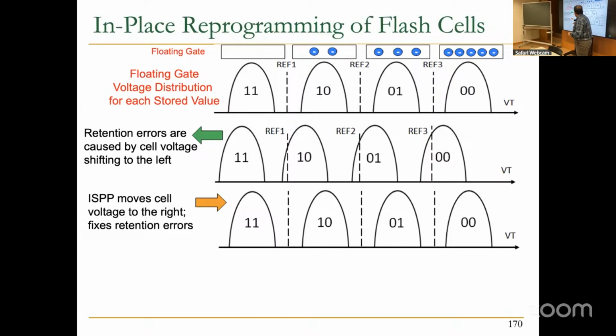So when you're doing in-place updates, you are accumulating some errors in the neighboring pages in that flash memory block. With SLC, this might not be a big problem because you have room for error. But when you are using TLC or QLC, for example, in-place update is not easily doable. Any questions?